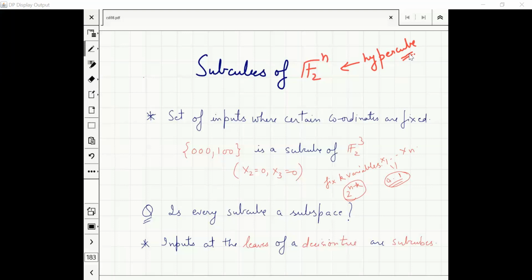One good example of a subcube is the set of inputs at a leaf in your decision tree. Remember, we had a decision tree with x1, then 1, 0, x2, and so on. If you look at a leaf, the set of inputs which will come to this leaf is actually a subcube.